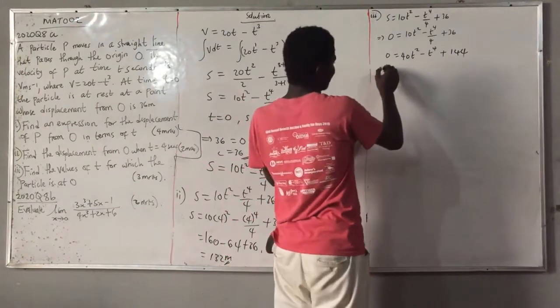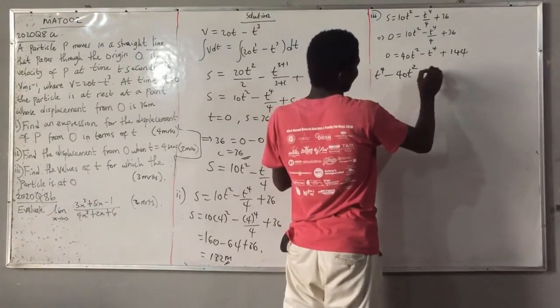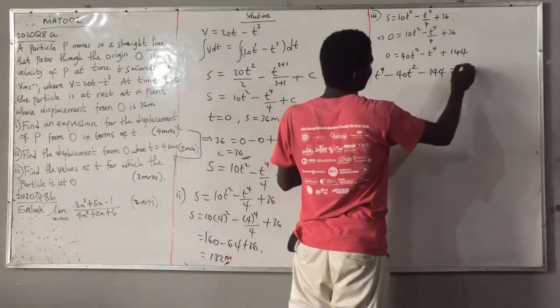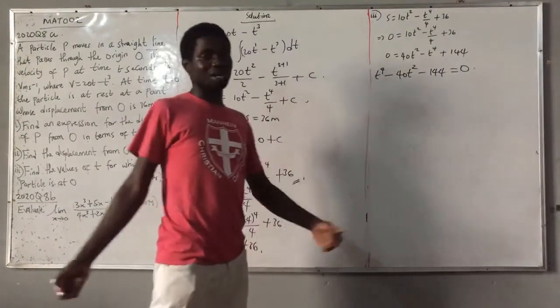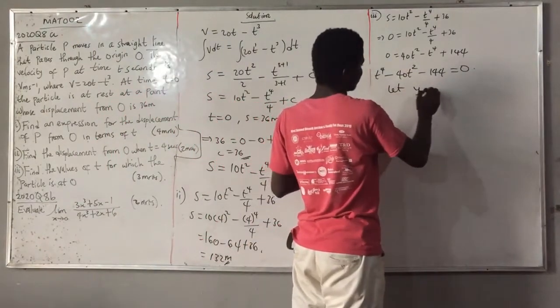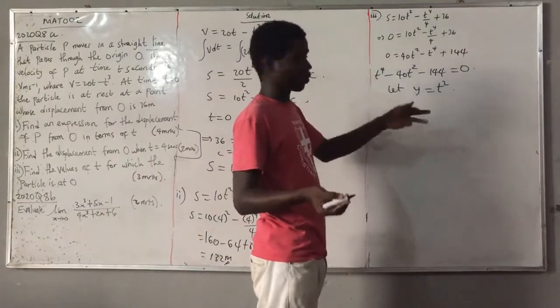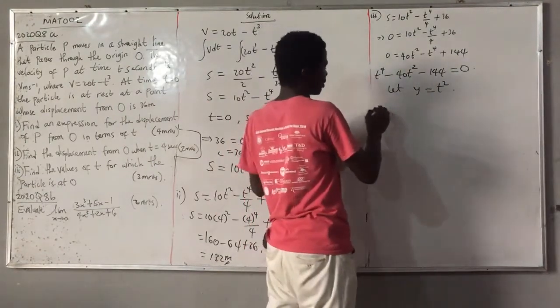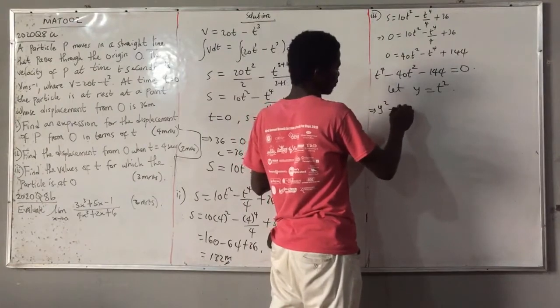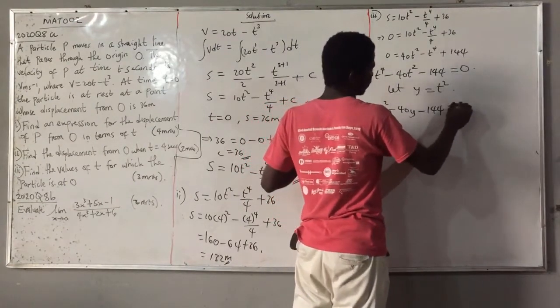You have t raised to power 4 minus 40t squared minus 144. You can try to solve this on calculator, or you say let y be equal to t squared. So t raised to power 4 will be y squared. So this one will now be y squared minus 40y minus 144 equal to 0.